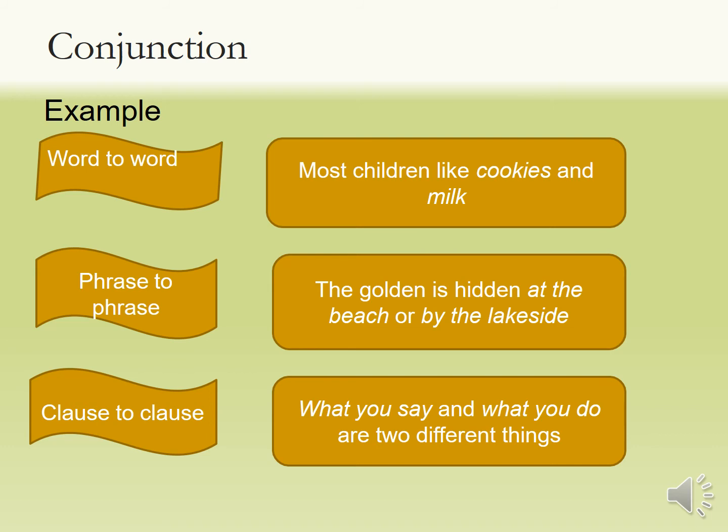And clause to clause: what you say and what you do are two different things. Here what you say and what you do are two different clauses. But we can omit the phrase, or ellipse the whole clause, while we are interpreting things.